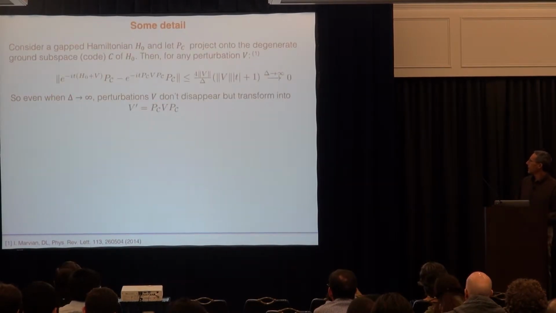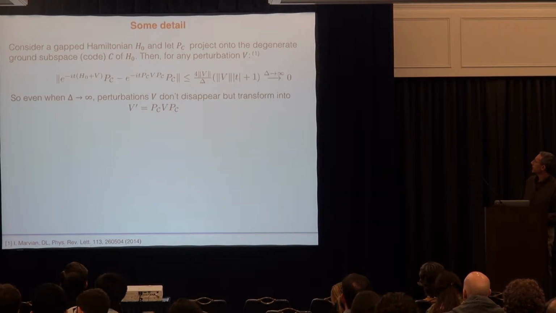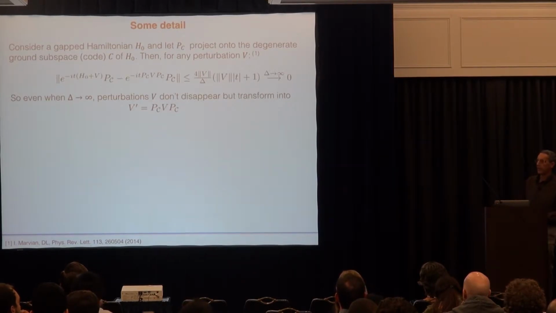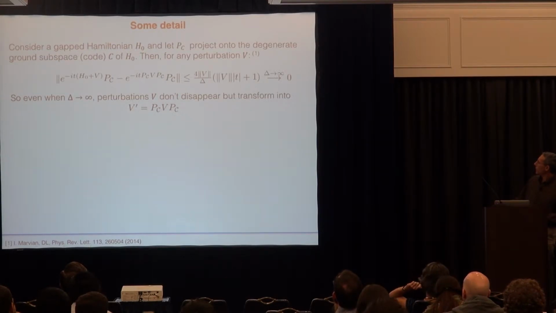So here's a brief sketch of the argument with a bit of detail. So consider a gapped Hamiltonian, H naught, in whose ground state or ground subspace we want to store information. And let P sub C be the projector onto this degenerate ground subspace. So essentially what we showed in this paper was the following.